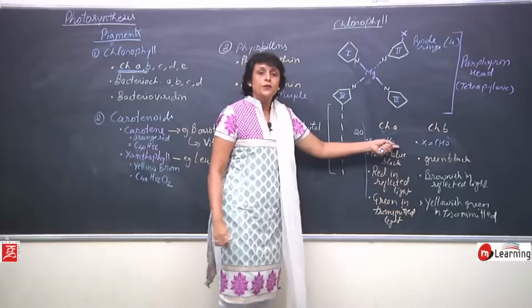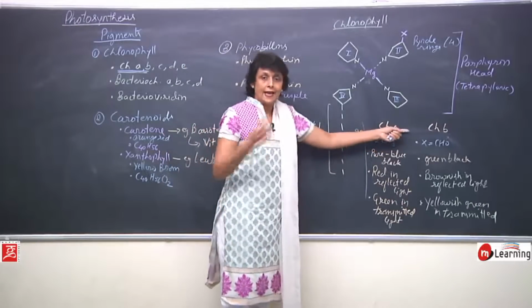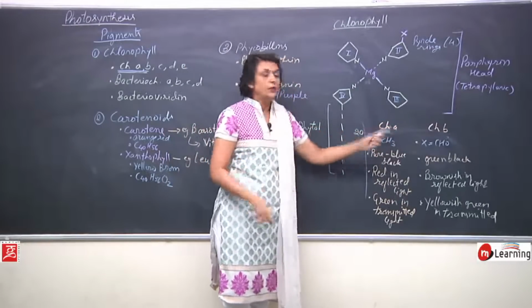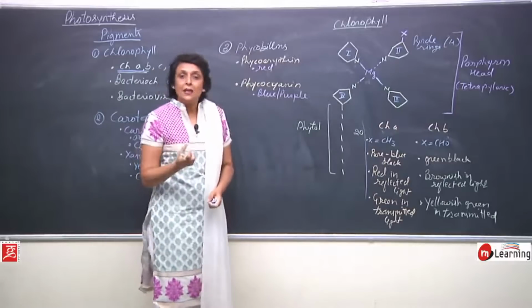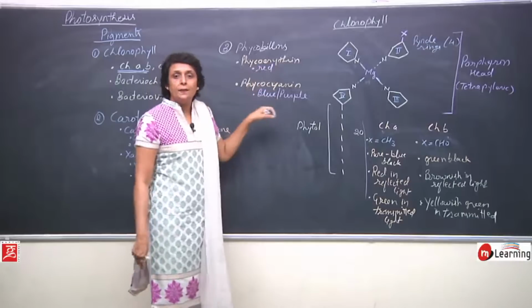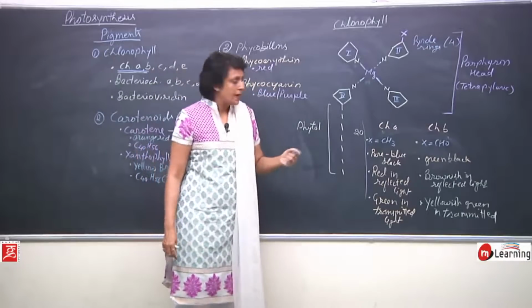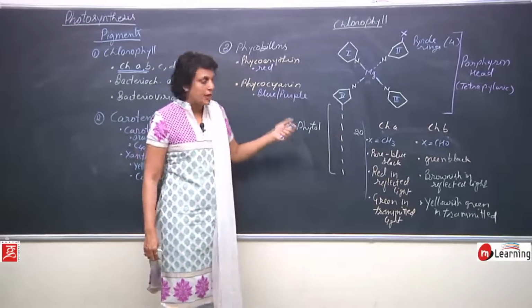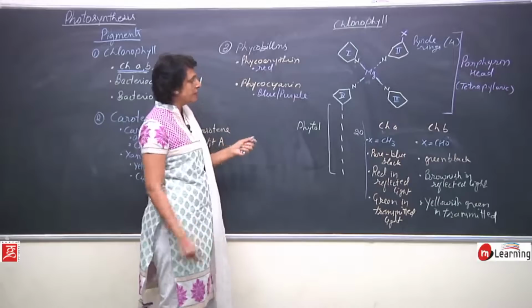So these are the differences between chlorophyll A and B, and we are talking about these two because they are the main pigments. All other pigments, they are going to help in the process of photosynthesis. How they will help, that also we'll see in some time.